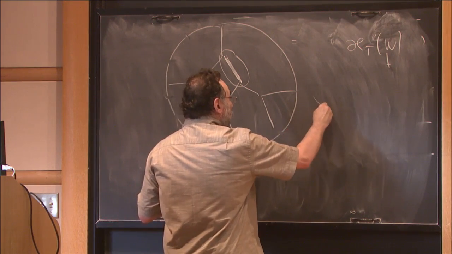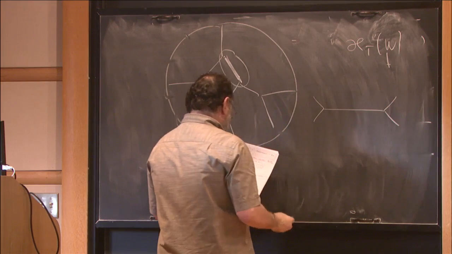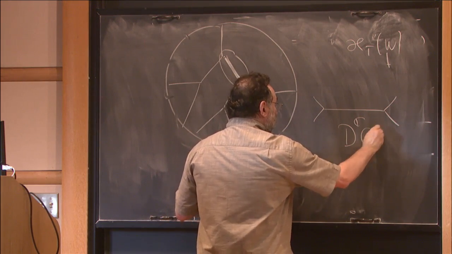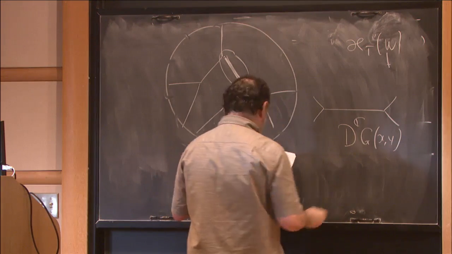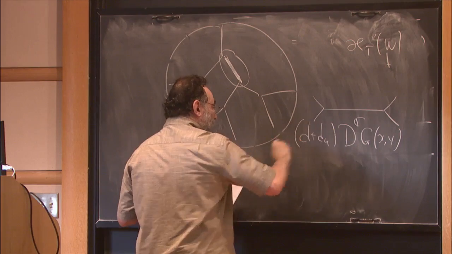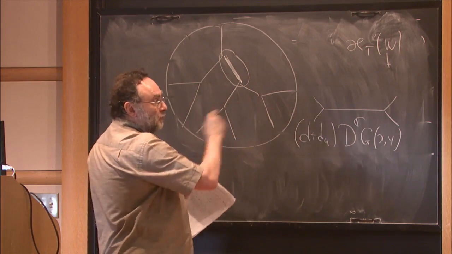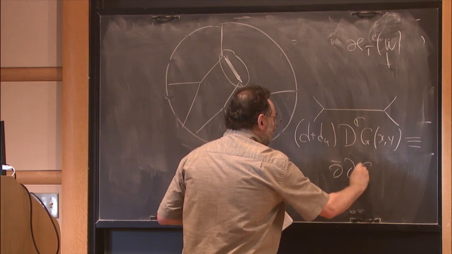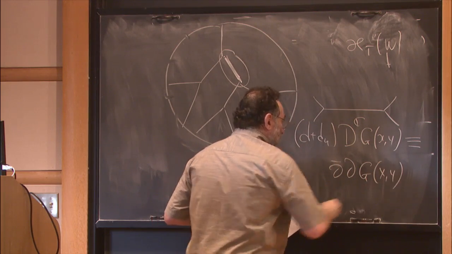So you take some edge, looks like that. And so you put on this edge, originally you put on this edge dc of the Green function of xy. Now what we're supposed to do is differentiate this. But this is, due to this beautiful identity, the same thing as d bar d of the Green function.